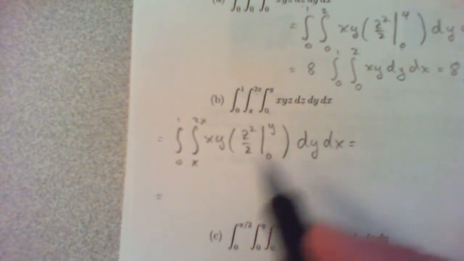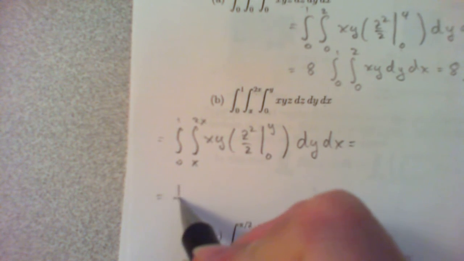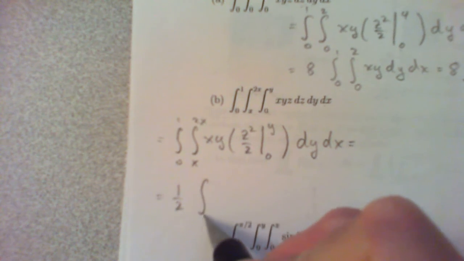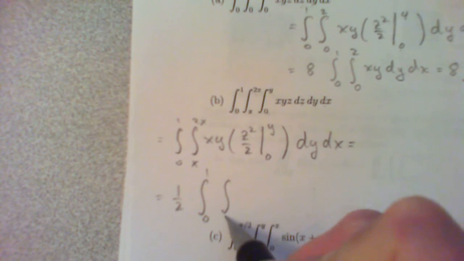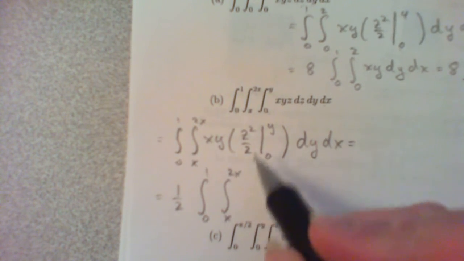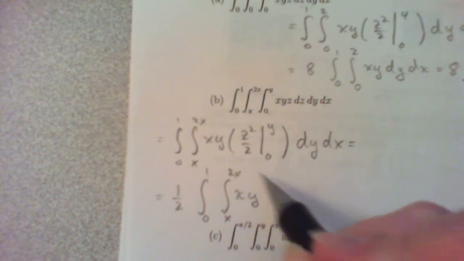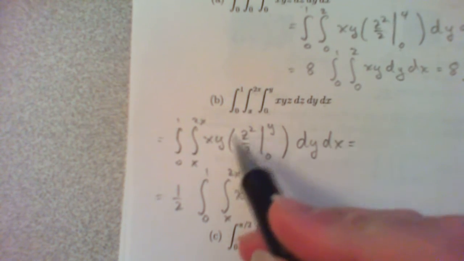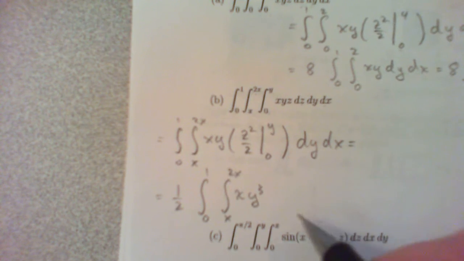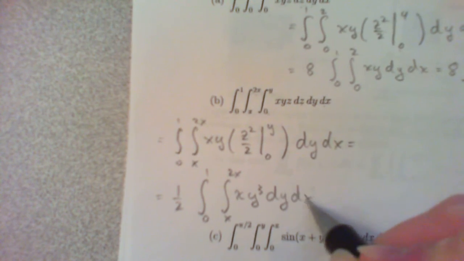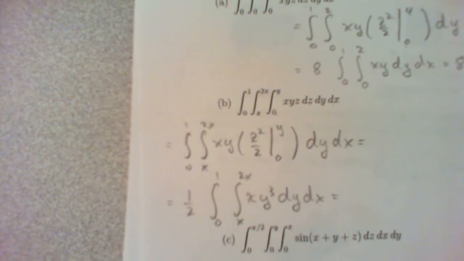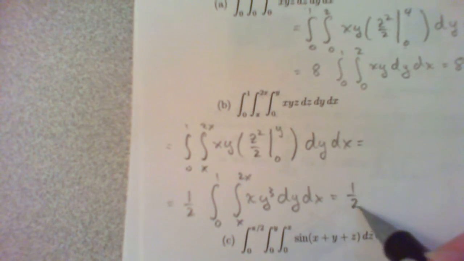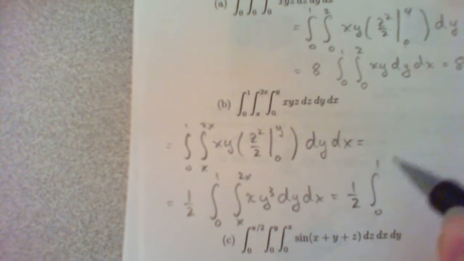It's just going to be y squared, and then I'll put the 1/2 out front. 0 to 1, x to 2x, x times y cubed. There's a y there and a y squared there, and then dy dx.